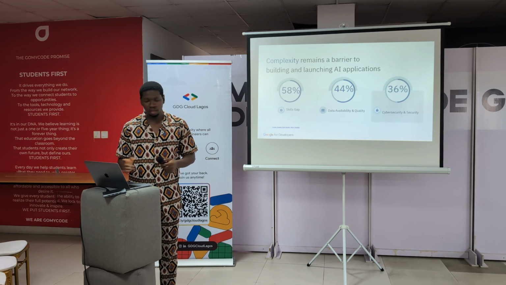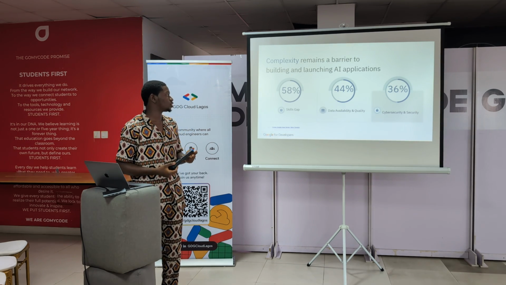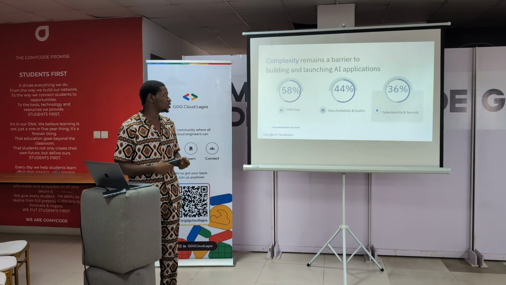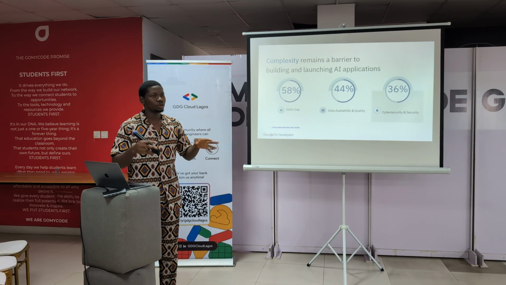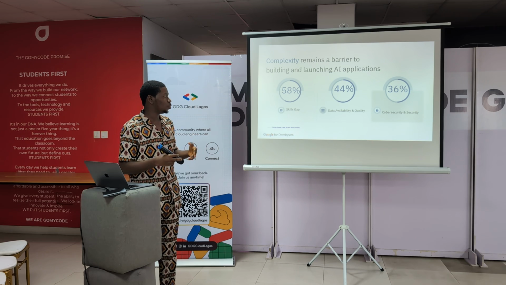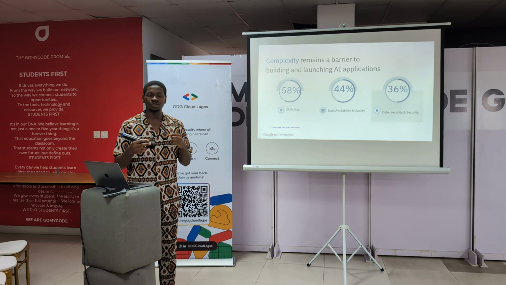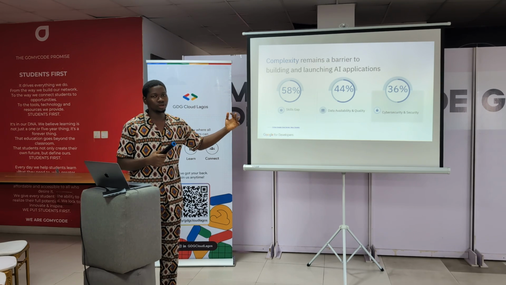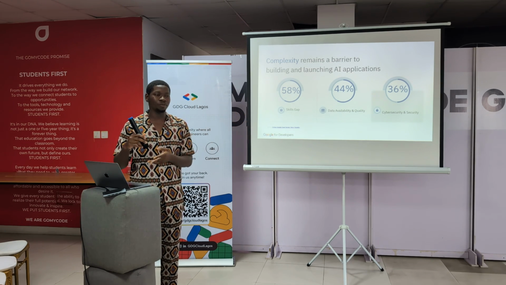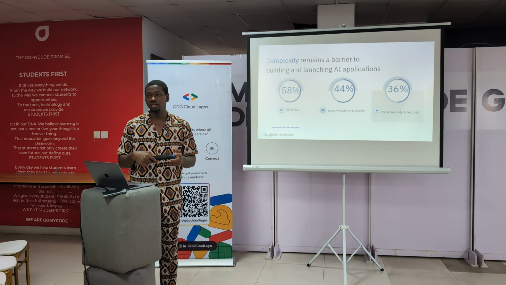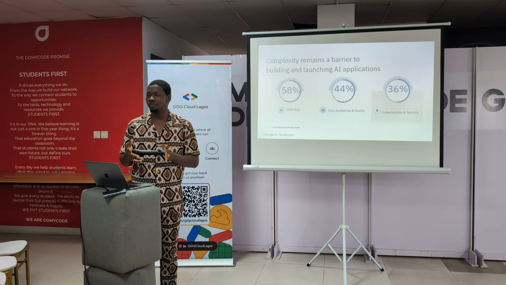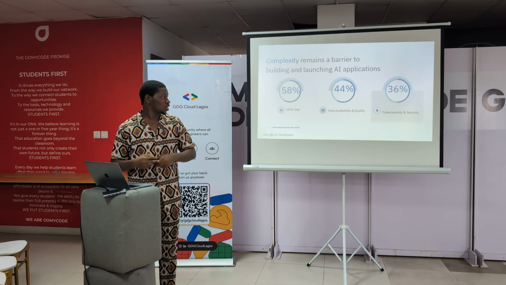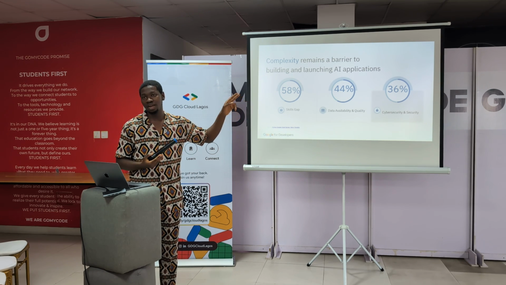As you can project, building new things comes with a lot of hurdles. These are some of the hurdles customers have reported when trying to integrate Gen AI into their applications. One of them is skill gap: 58% cite skill gap as the issue for complexity. But even when you solve the skill gap, there's still another hurdle: data availability and quality.